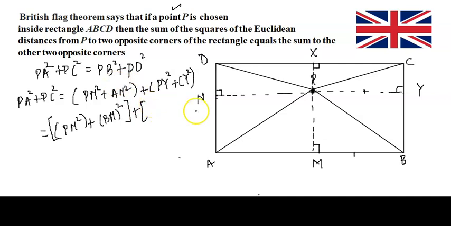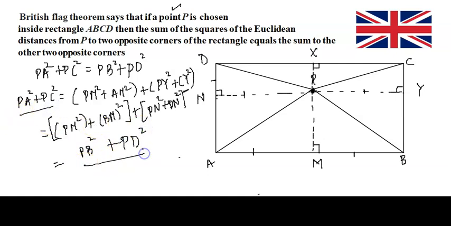This AM square can be written as PN square, since AM and PN are equal, plus this CY square can be written as DN square. So this is nothing but PB square and this is PD square. So the sum of squares of these two distances will be equal to the sum of squares of these two distances. This is our British flag theorem.